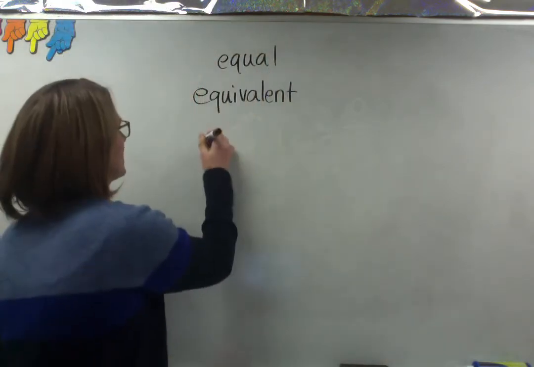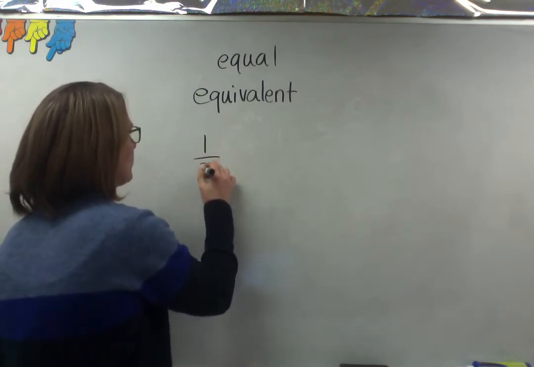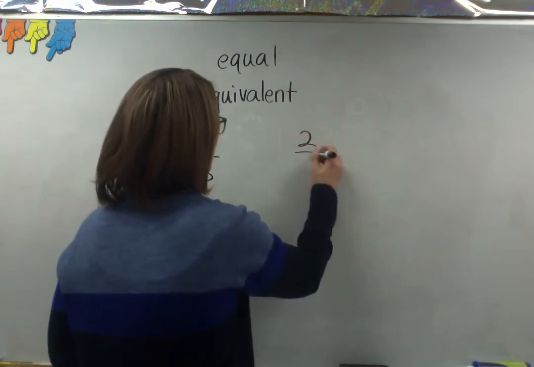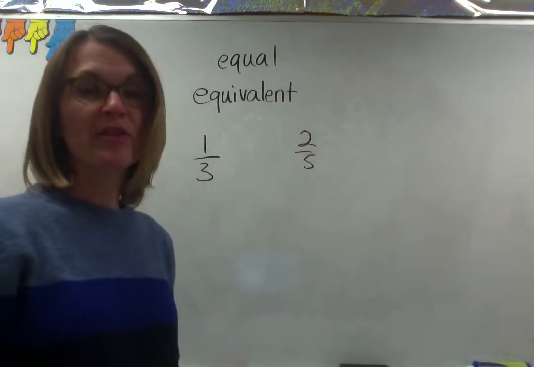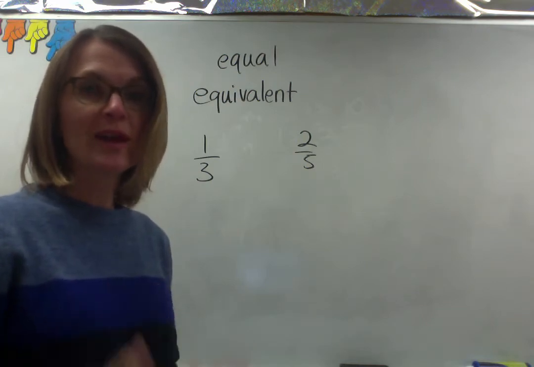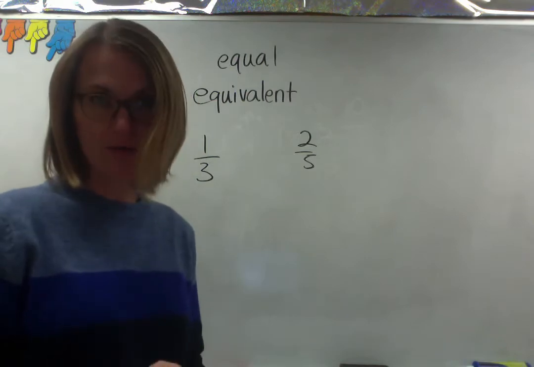So let's say yesterday when we did common denominators, I had 1/3 and 2/5, right? And yesterday we had to change them so that they had the same denominator so that we can add them. Because remember, we can only add fractions that have the same denominators.